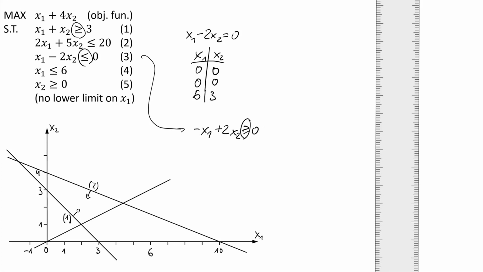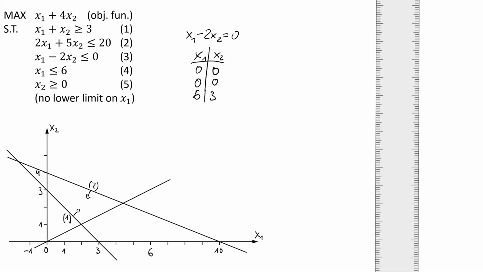So why would you conclude from the sign whether it is above or below? When you have negative coefficients, you cannot use the same conclusion. So you cannot assume less is below or greater is above. So what we're going to do is test a point.